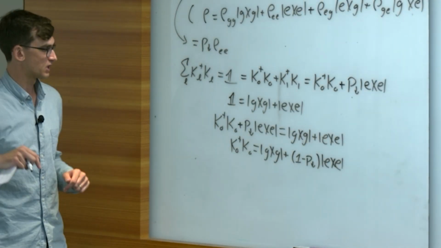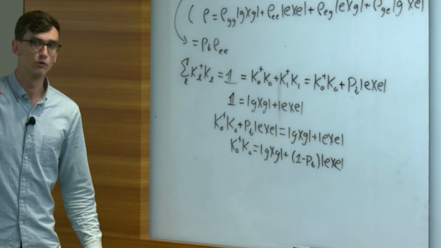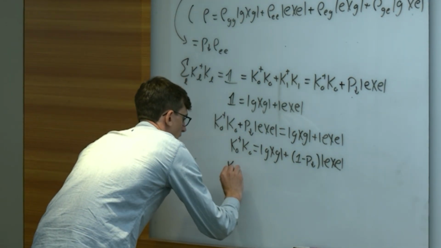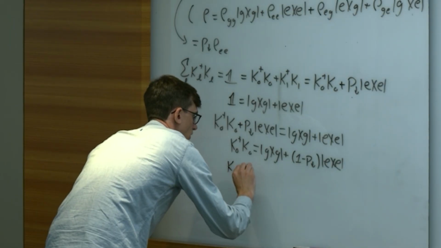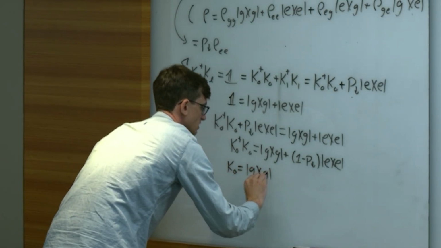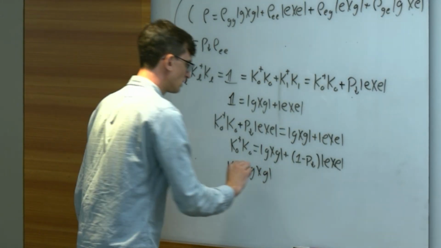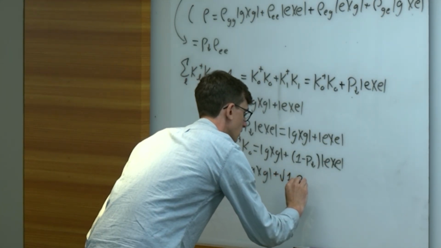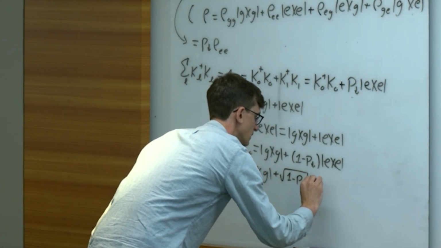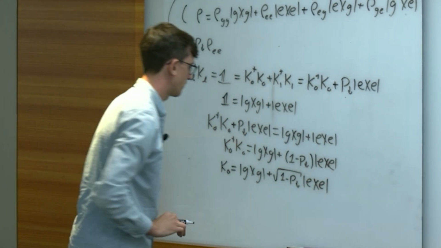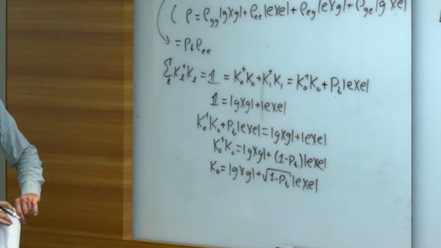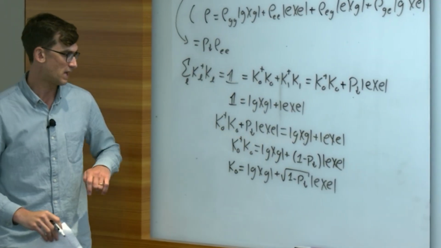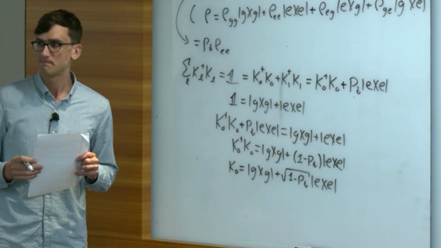And if I want to take the square root of that, I just take the square root of each of the entries. So I have K0 is equal to GG, because the square root of 1 is 1, plus the square root of 1 minus P down EE. And you can verify for yourself that I recover that K0 dagger K0 equals that. Any questions about that?